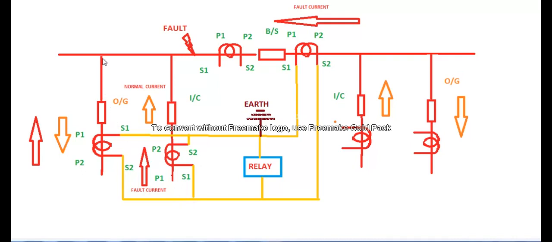And on the outgoing feeder, current flows from P1 to P2, so consider the output here minus 1. So plus 1 here, minus 1 here, so the current is 0. There is no current flow in this relay. Likewise, here plus 1, here minus 1, so current is 0, and no current flows into this relay.